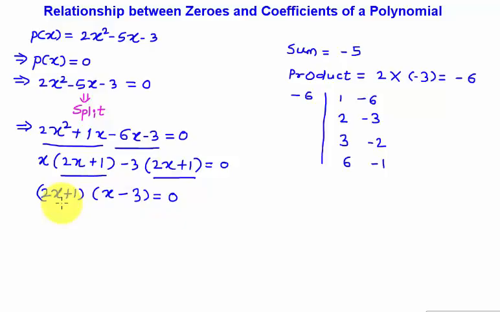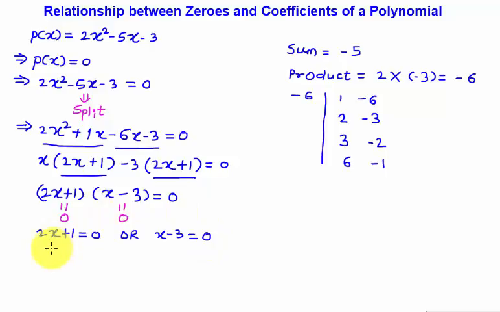Then only this equation will have value 0. Hence we can write it in equation form: 2x plus 1 must be 0 or x minus 3 must be 0.